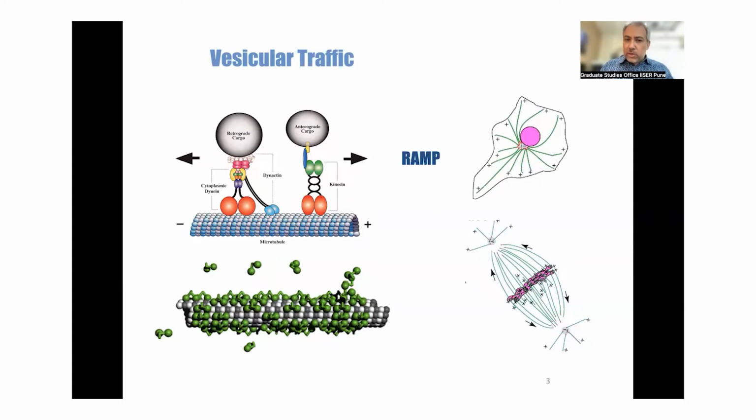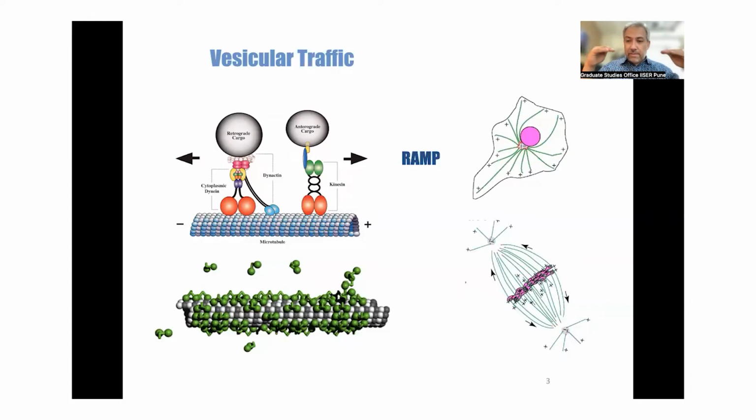The other thing I wanted to mention is that most pictures for motor protein look like the one on top, where you have one single motor protein very nicely walking around. But remember, just like there is crowding in traffic for vehicles on roads, there is crowding in vesicular traffic as well. There are a large number of motor proteins that can be accommodated on cytoskeletal strands, and that means you can expect things to bump into each other, and there is a fair bit of crowding that's happening there as well.